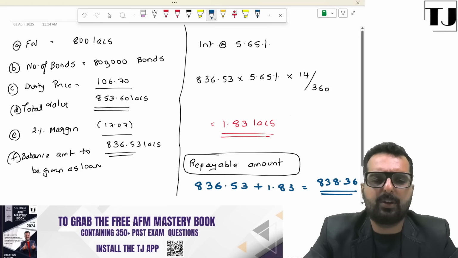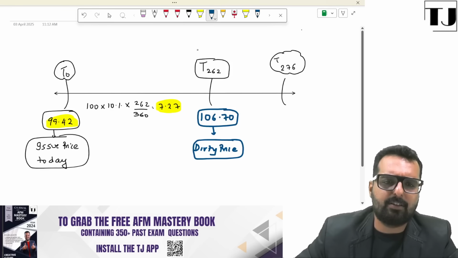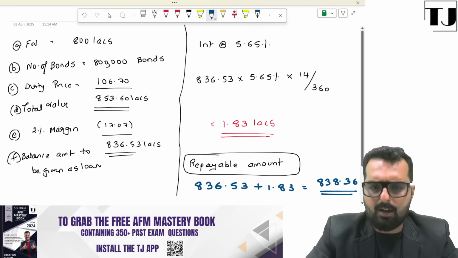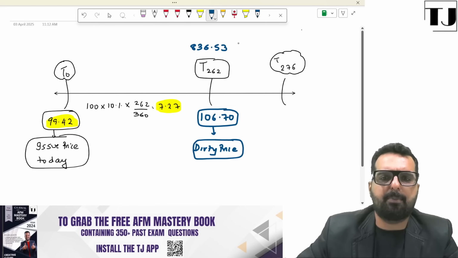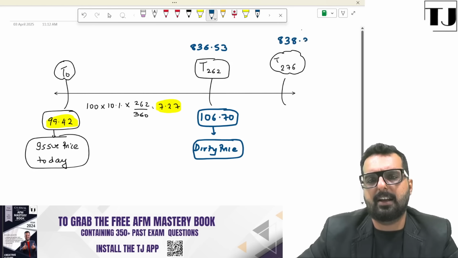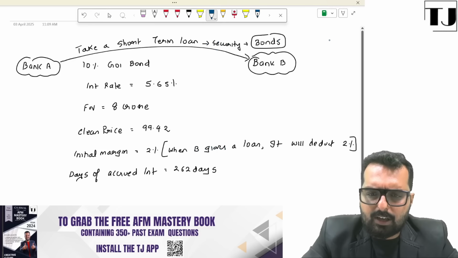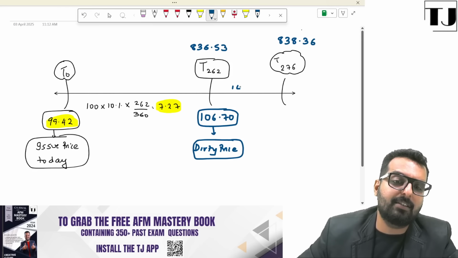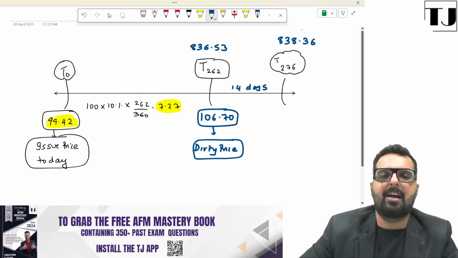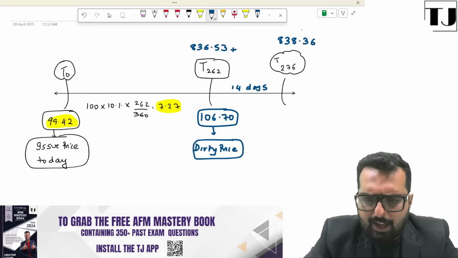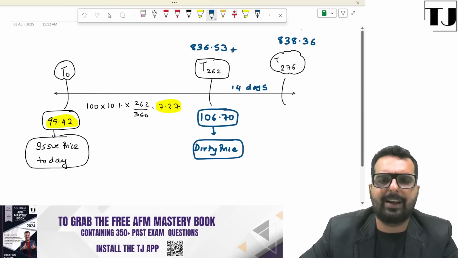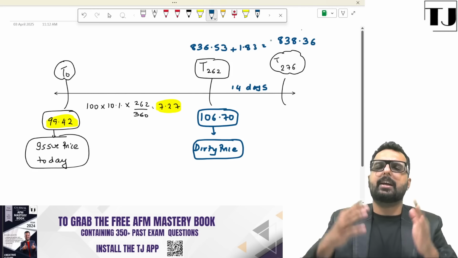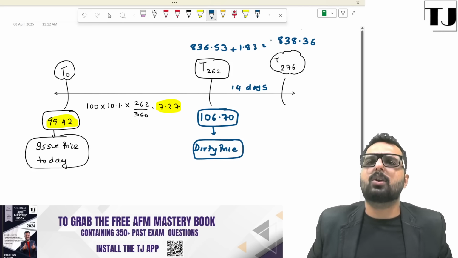So let me just show you in the diagram again. 836.53 will be the amount taken today, and 838.36 will be the amount that will be paid after how many months? After not months, after 14 days. I hope everybody is clear with this part, and the interest amount is how much? 1.83. So this is how a repo agreement is entered between two banks.